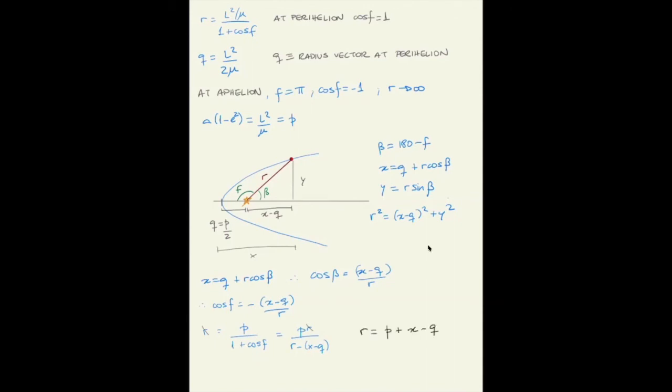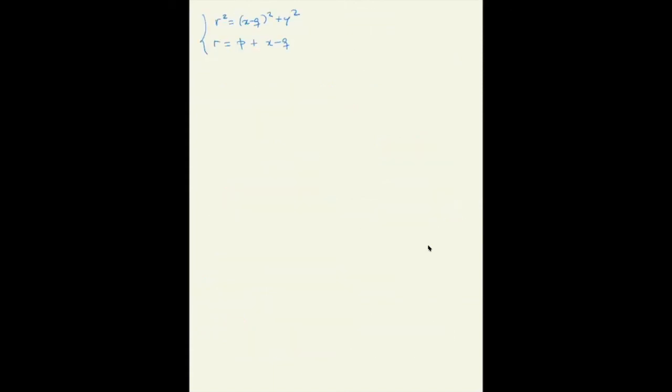Now let's use both of these equations for the radius vector, this one and this one. So if I isolate y squared and write the radius vector according to the second equation, expand the first square, the x minus q squared cancels, and we have y squared is equal to p squared plus 2p times x minus q.